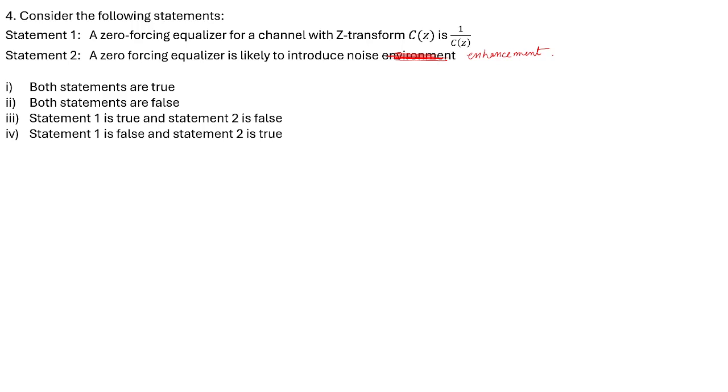Ideally the channel gain can be 0, but due to the presence of some noise, C(z) has a very small value delta. When you equalize it, 1 over C(z) is 1 over delta, which is going to be very high because delta is very low, and that amplifies your noise. That problem exists with the zero forcing equalizer. So both these statements are true.